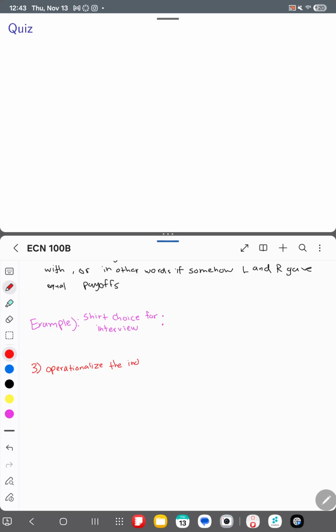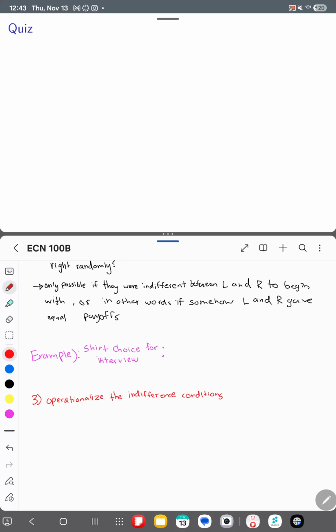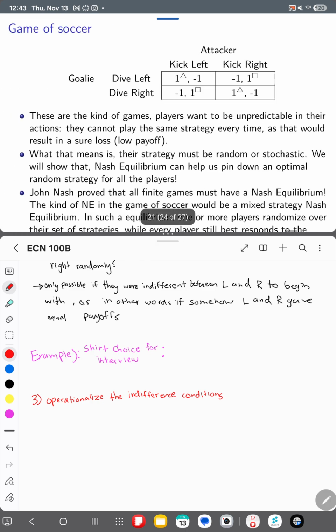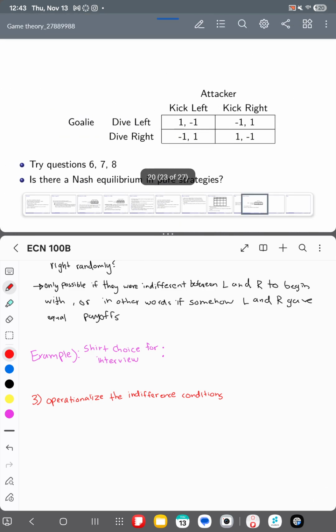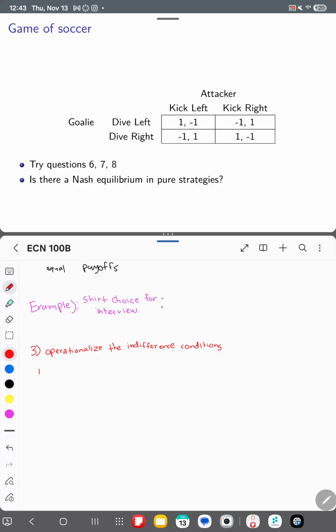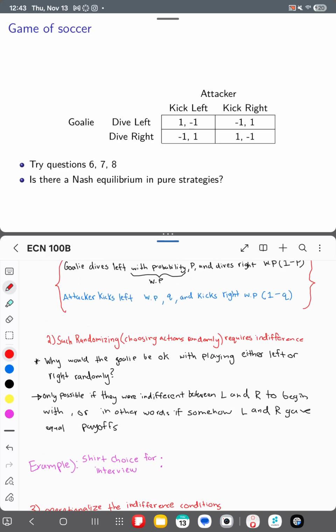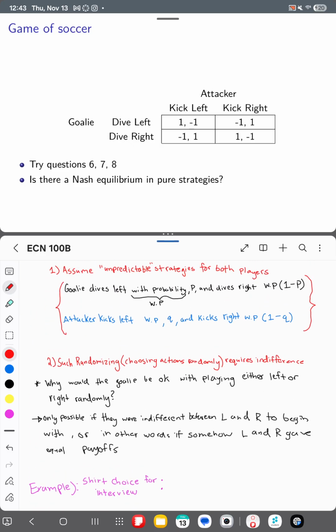What does that mean? So let me make this a bit smaller so that we can also see the matrix up here. I want you to think about, so fix the goalie. Think about what we have assumed in the question, and I'm going to use that notation. Remember, the goalie dives left with probability P and dives right with probability 1 minus P. So I would like you to write down P and 1 minus P next to the goalie's actions that we have assumed.